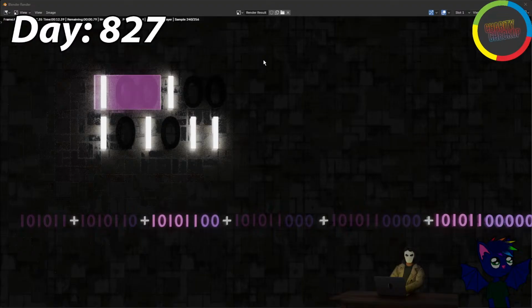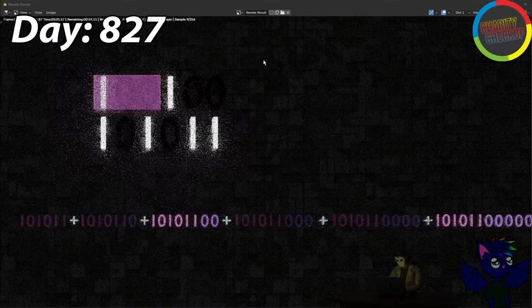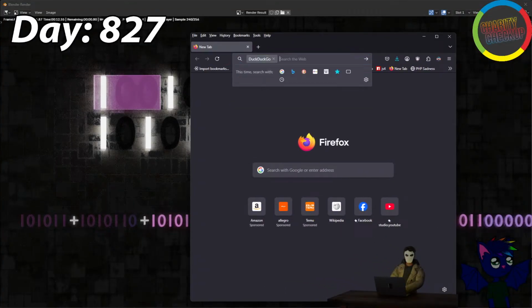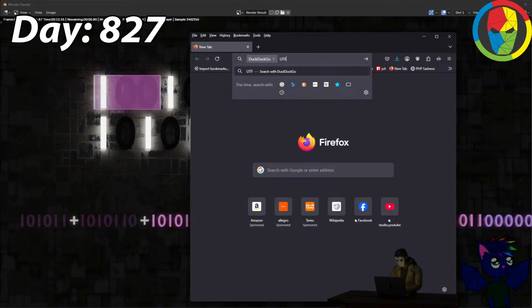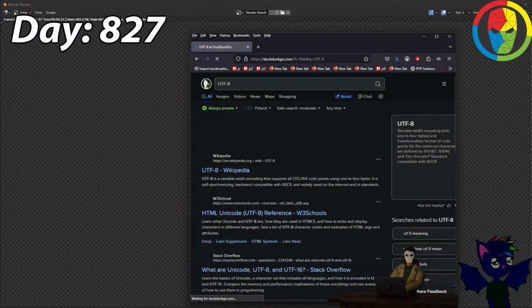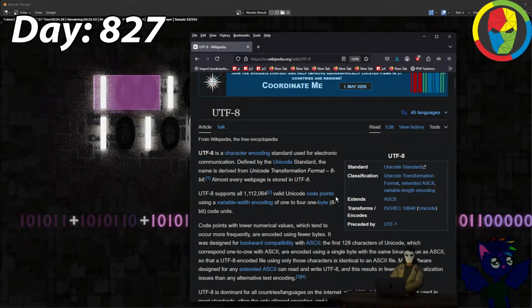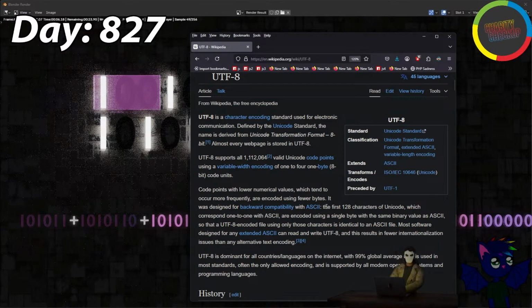You mean ASCII? Wasn't UTF-8 just ASCII? Because I'm not memorizing all the special characters. Hold on, wasn't UTF-8 just ASCII? Because I remember they wanted to keep it as a standard. First 128 characters of Unicode, which correspond one-to-one with ASCII.